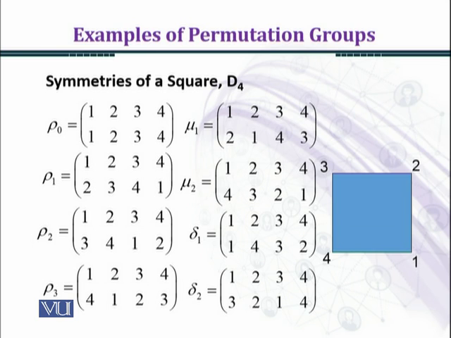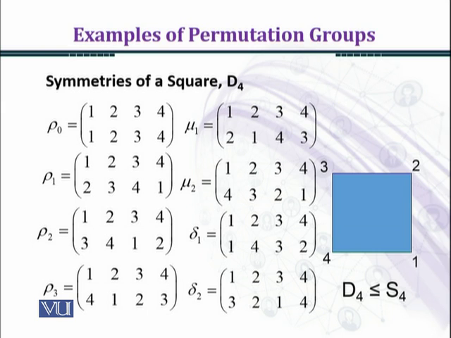Similarly, rho naught is the identity, and rho 1, rho 2 and rho 3 are the rotations by 90 degrees. We shall take rotations anti-clockwise.